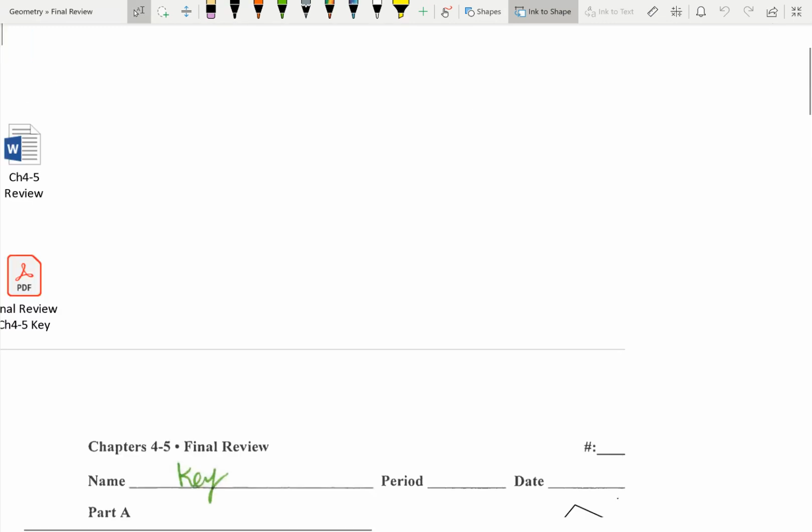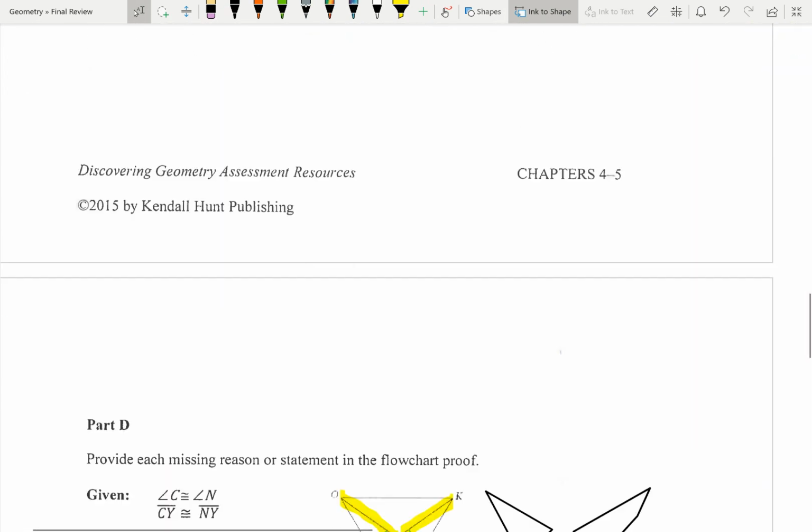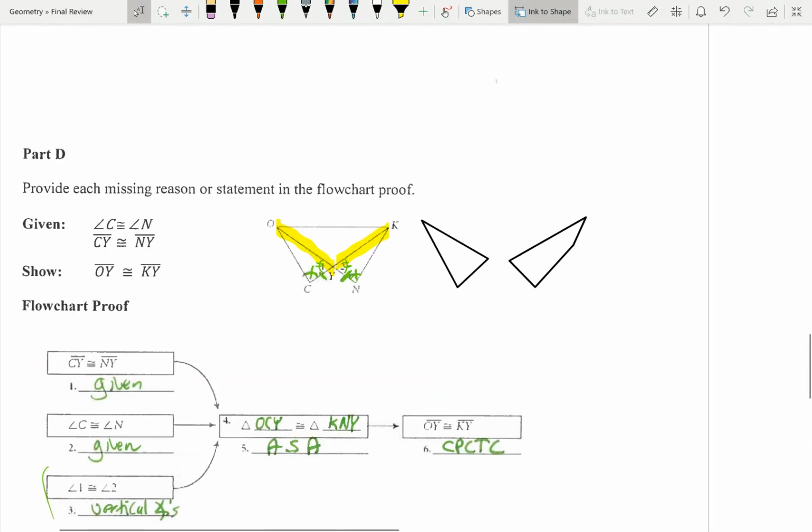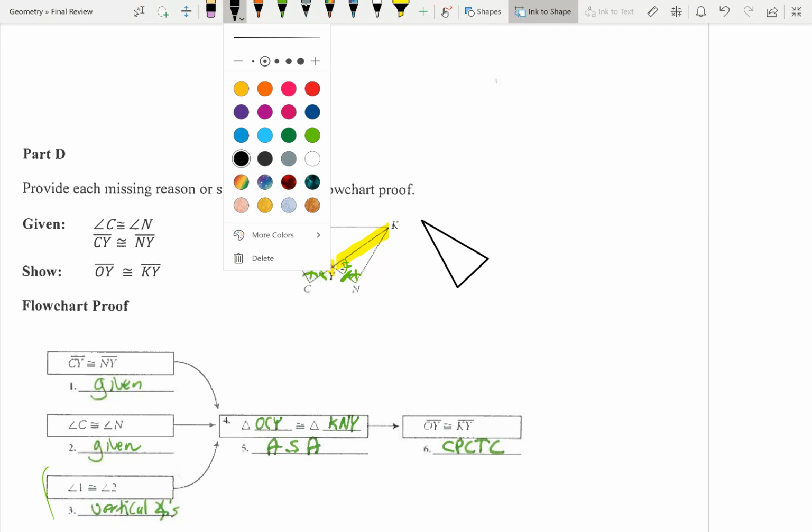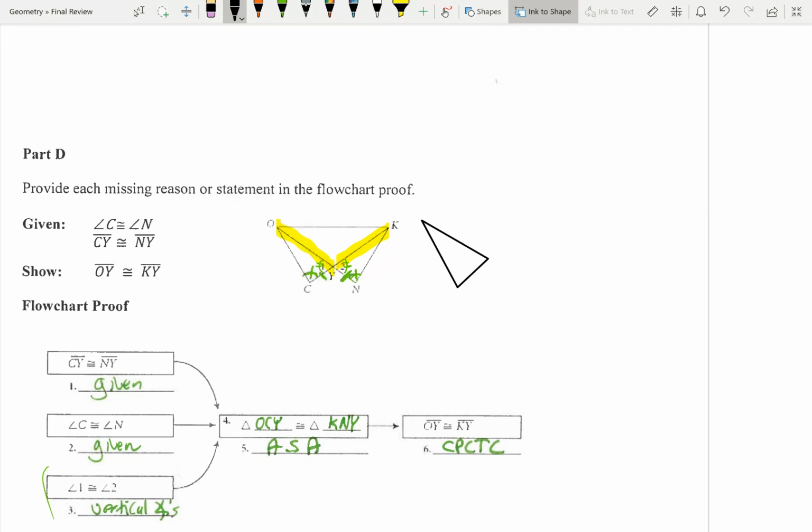I think. Let me just. There we go. All right, so show they're congruent.